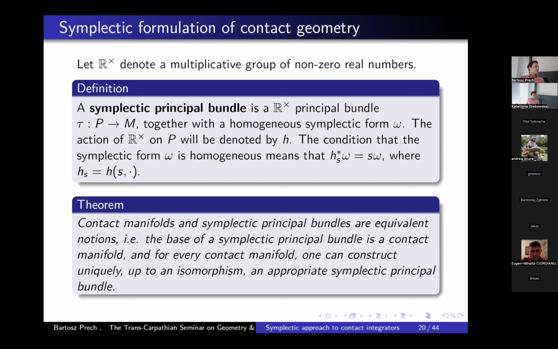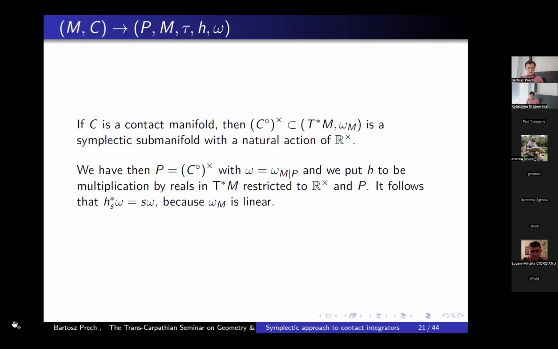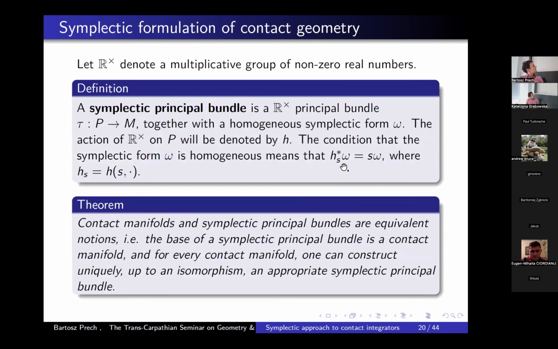All right, so we define a symplectic principal bundle to be just R cross a principal bundle with a homogeneous symplectic form. The homogeneity condition is phrased here: when we pull back by the action of R cross the group, we get a multiple of omega, and that is the definition.